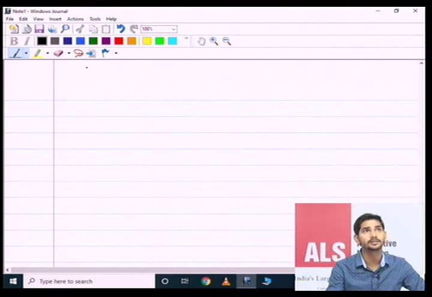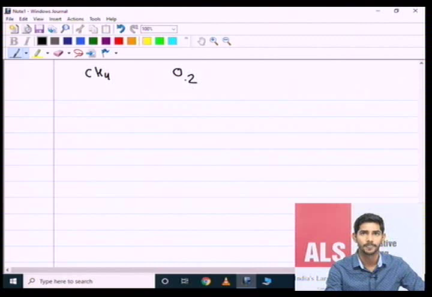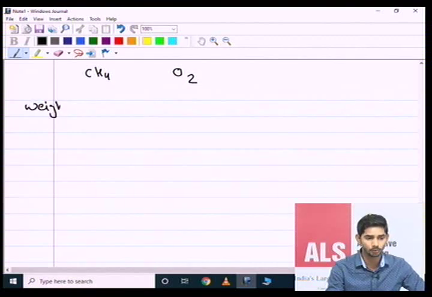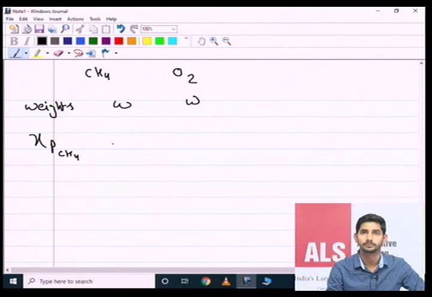Now, in the last class, I don't remember the gases, but let's consider we have CH4 and O2. Weights are equal, which is given to us. And we have to calculate the fraction of the pressure exerted by CH4. This is our question. Now, what can I say?